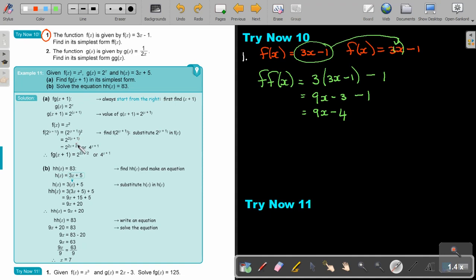And it's working a bit with indices. So, and then you just get your answer. And then solve the equation. Now in this case, it's h(x) equals. So first find h(x). And this is what I did there. Throw h in h, that is h(h(x)). And then I say it must be equal to 83. Put it equal to 83, get the value of that one.